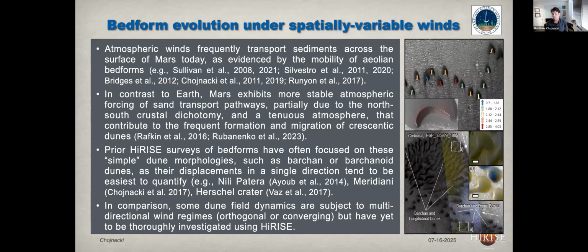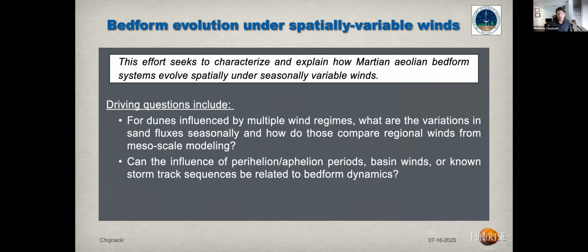Now, in comparison, some dune field dynamics are subject to multiple directional wind regimes, whether they be orthogonal or converging, but have yet to be thoroughly investigated using HiRISE until now. So this effort seeks to characterize and explain how Martian aeolian bedform systems evolve spatially under seasonally variable winds.